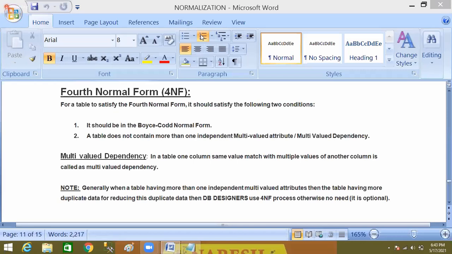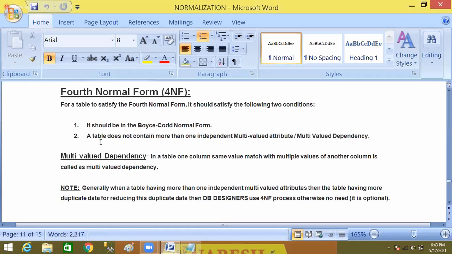Whatever it is, let's see what the fourth normal form is and what the fifth normal form is. Let's see here, guys. A table should satisfy the following two conditions to satisfy fourth normal form. One is that your table should be in Boyce-Codd normal form.